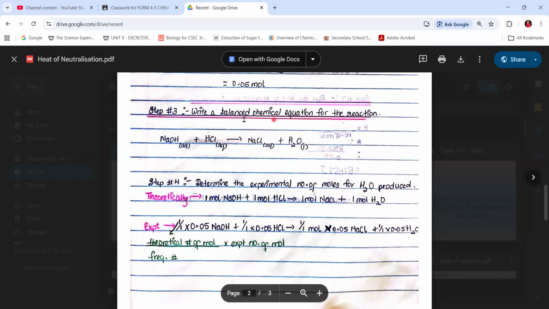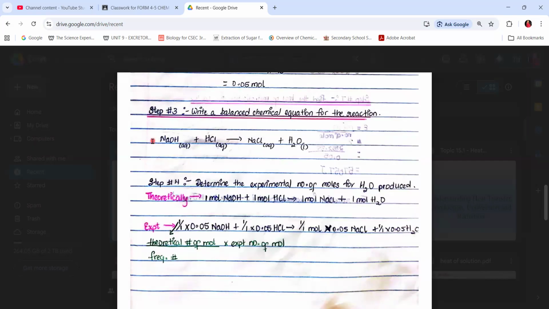So by this equation, when we were looking at quantitative relationships, when we're dealing with moles, we will know that theoretically, you're supposed to use 1 mole of base added on to 1 mole of acid to get 1 mole of your sodium chloride and 1 mole of water. I ain't seeing no 2 and no 3 and no 4 in front of none of these things. So everything here is at a 1-to-1 ratio.